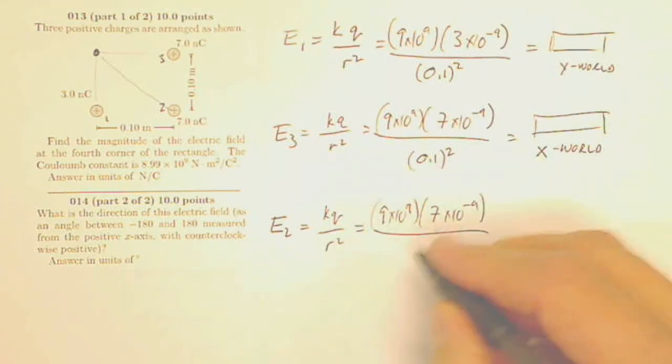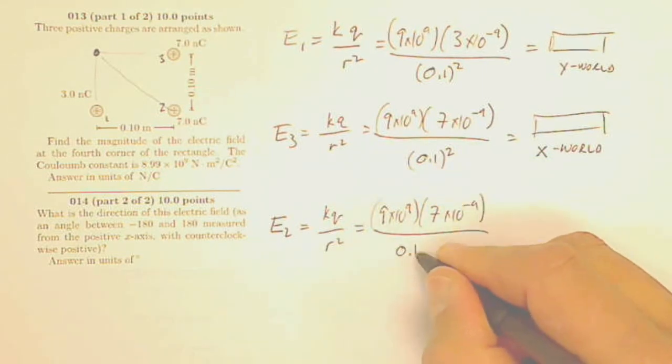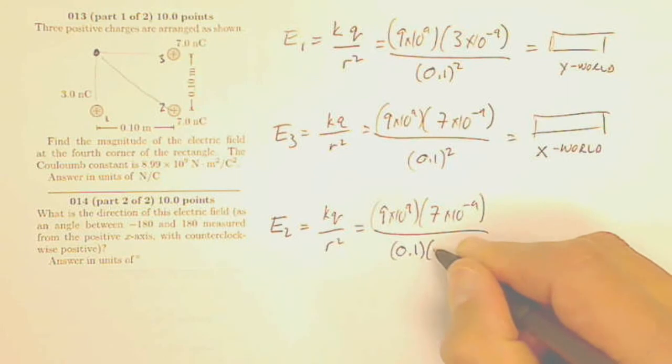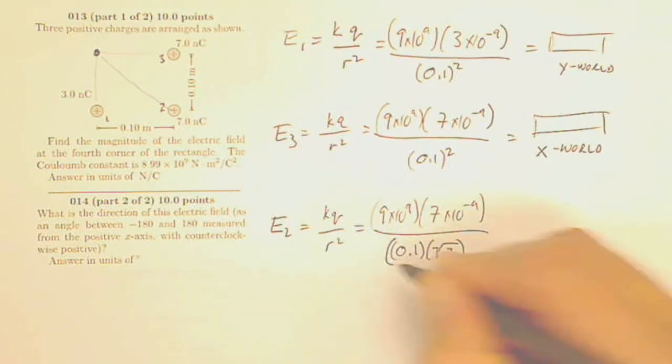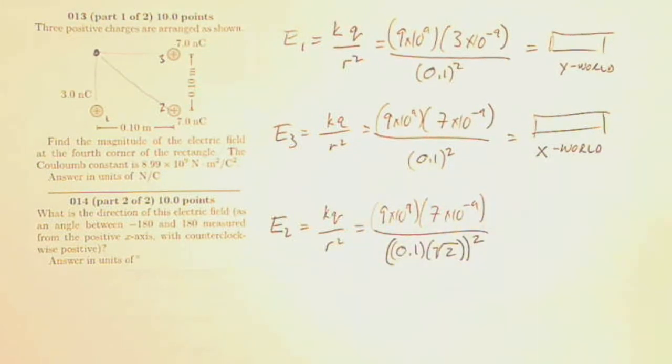And my R squared is going to be 0.1 times the square root of 2, because it's a 45, 45, 90 right triangle, and then take that whole thing and square it. That one is my monster.